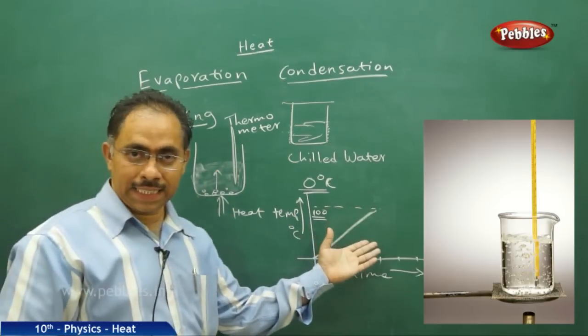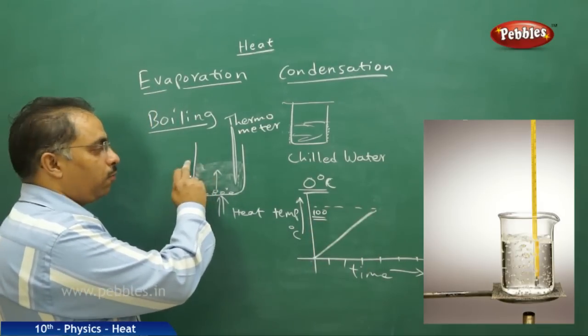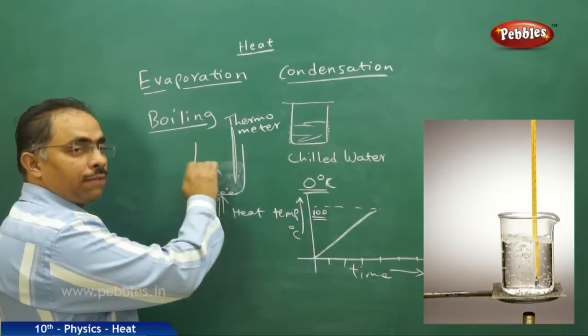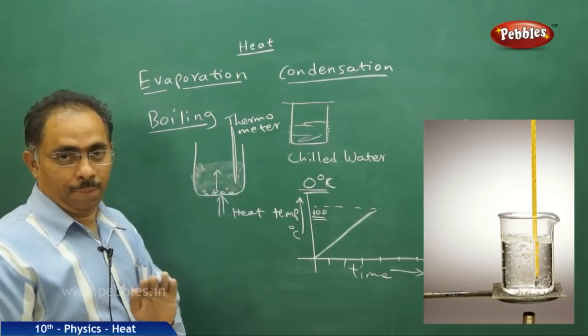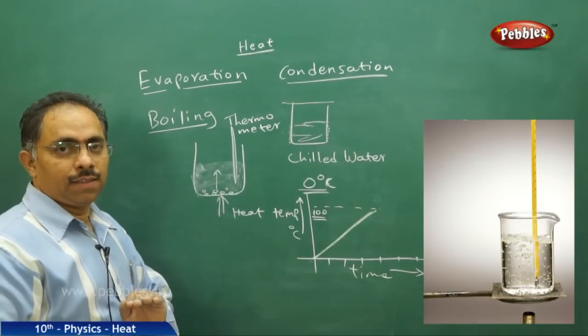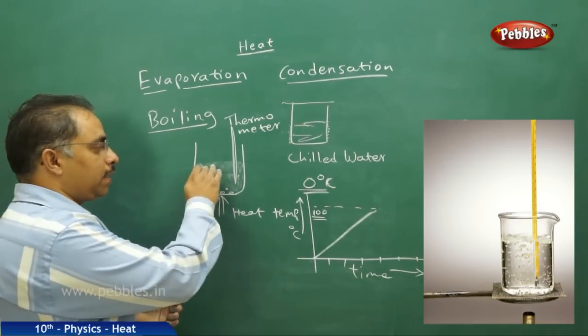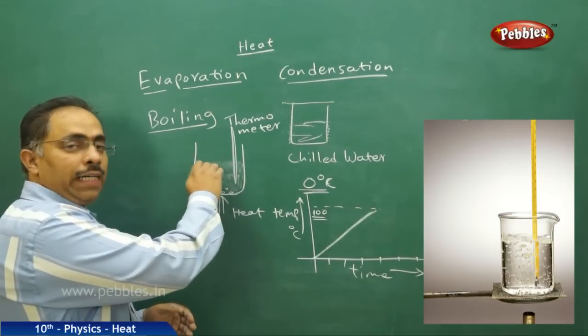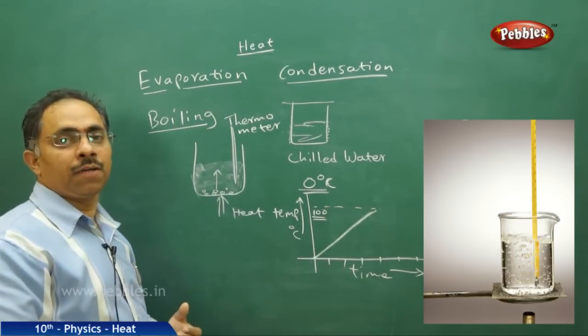Even at 60 degrees Celsius or 50 degrees Celsius, you will be able to observe some fumes above the surface of the water. So, that is not boiling. It is a surface phenomenon taking place. The water at the upper level has enough energy to escape into the atmosphere.